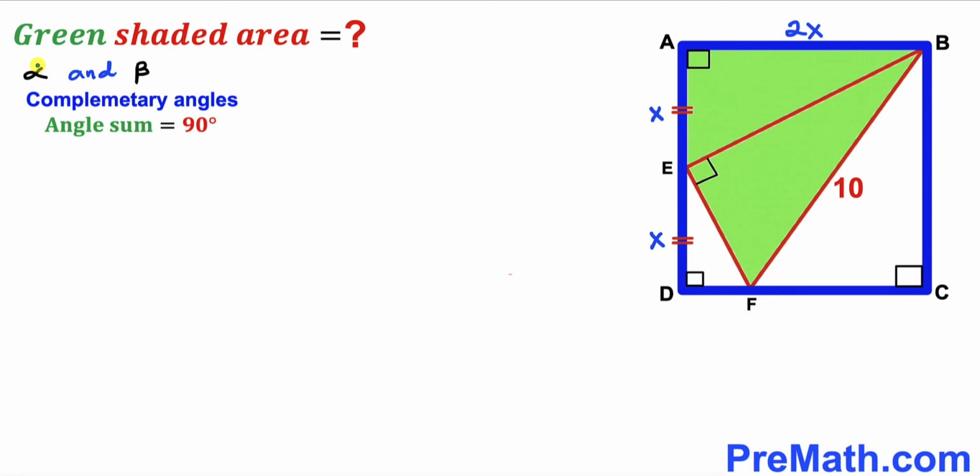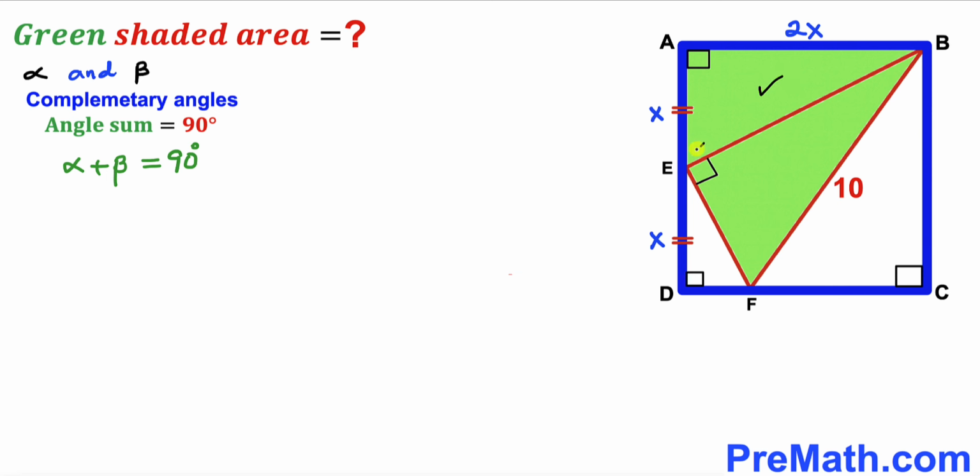Now let's assume that alpha and beta are our two complementary angles. In other words, the sum of these two angles, alpha plus beta, must equal 90 degrees. Let's focus on triangle EAB.